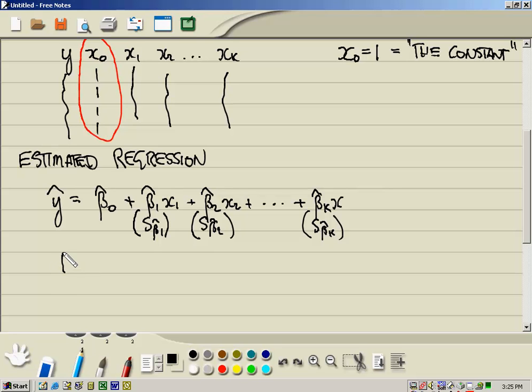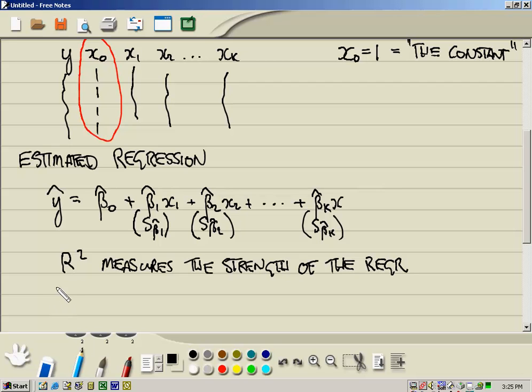For instance, we will talk about a concept called R squared, which measures the strength of the regression in a way similar to the little r in simple regression, and little r and r squared are related to each other.